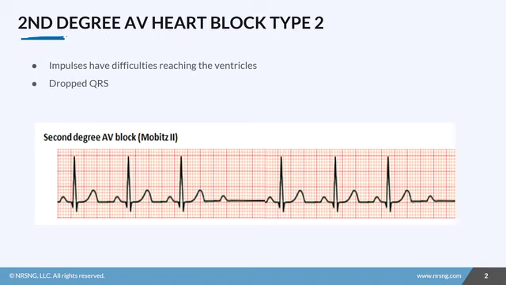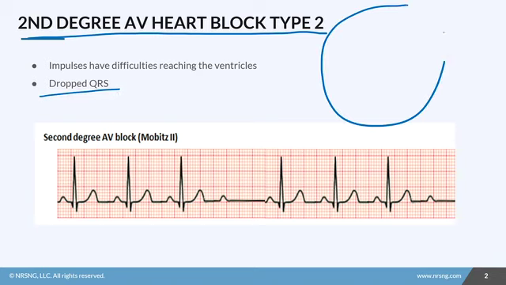Let's go ahead and start talking about it so you can become more familiar with it. In second degree AV heart block type 2, the impulses have difficulties reaching the ventricles just like in type 1. However, just like in type 1, we also end up with a dropped QRS here. So this is basically what happens.